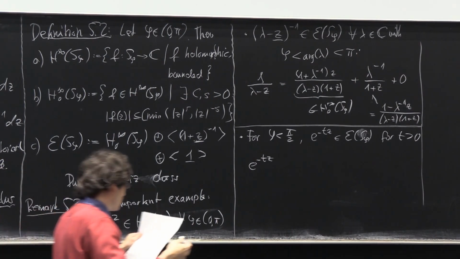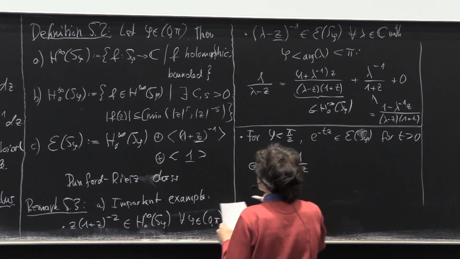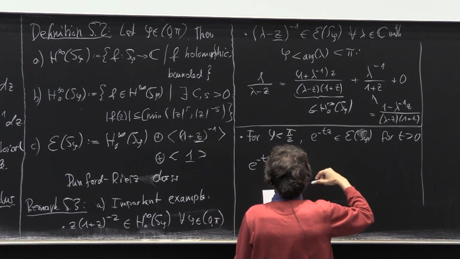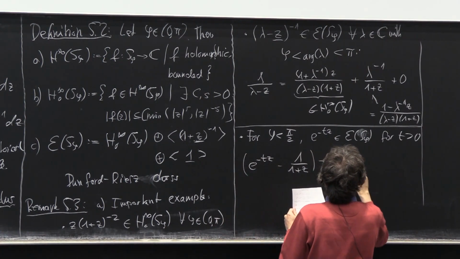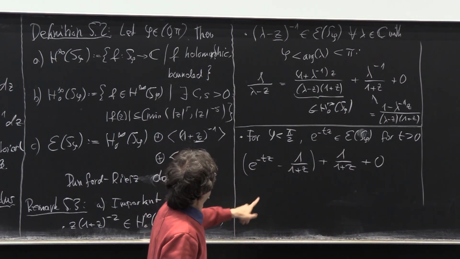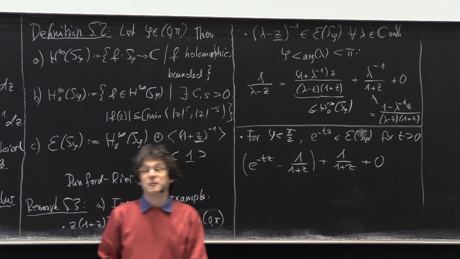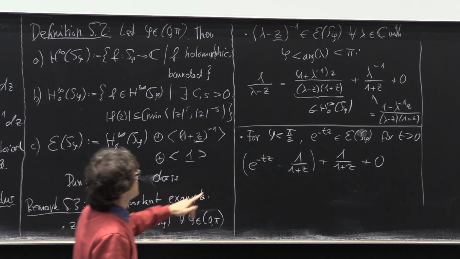So you have to be a little bit more careful. And the right thing is to subtract one of these functions and to add it again. And then again, okay, this is in here. And now one has to think about whether this is H0 infinity, H infinity 0, but it is.